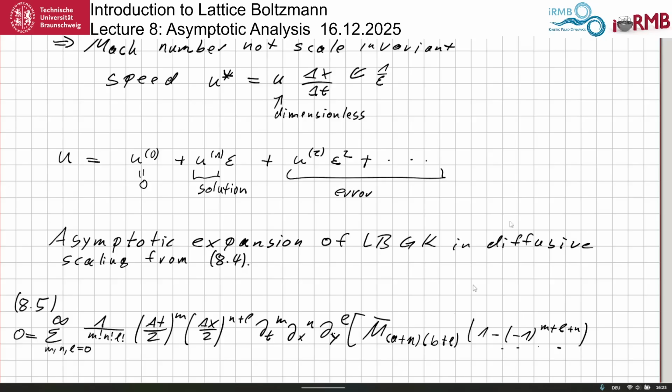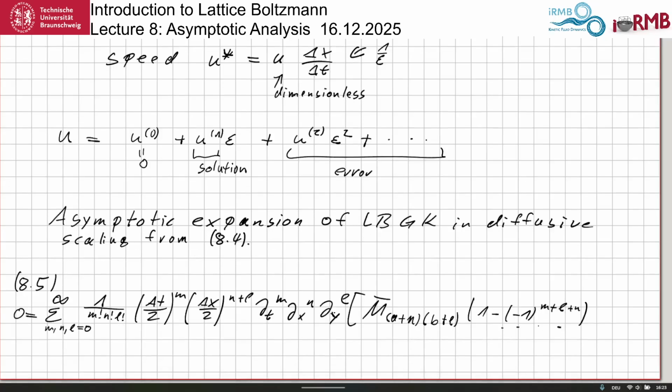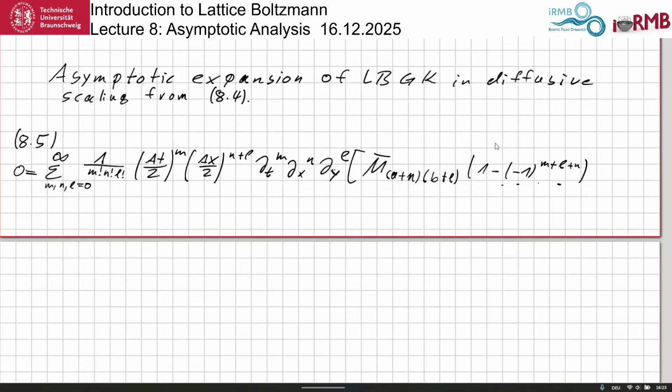So I write minus omega, and again here we have a plus n and b plus l. With the omega I have to divide by 2 because I get this thing twice, and in the other definition I've already divided by 2.